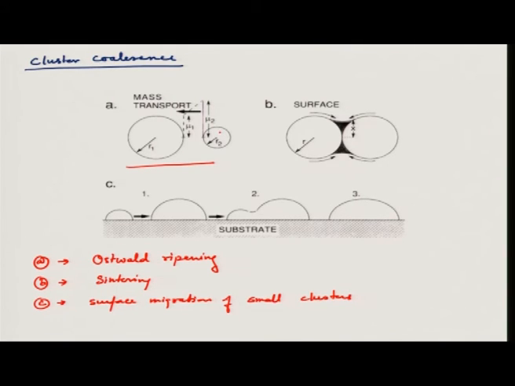The atoms or molecules in a smaller nucleus have higher chemical potential, or higher energy per atom, compared to the atoms in a larger nucleus.